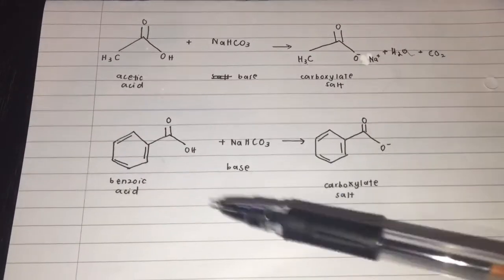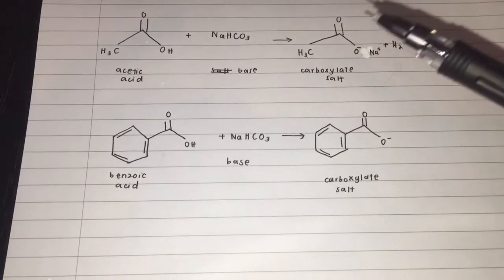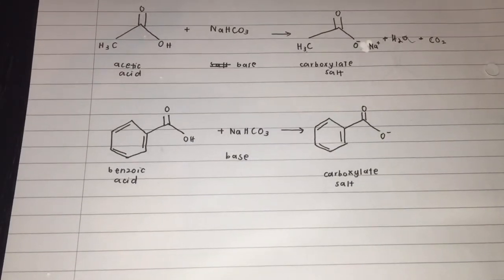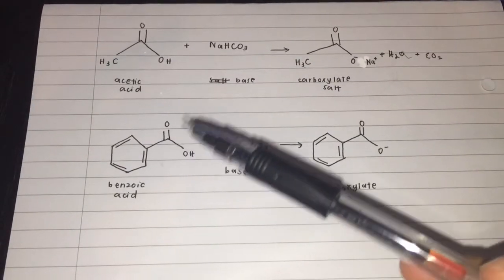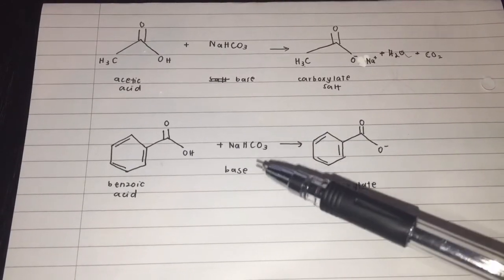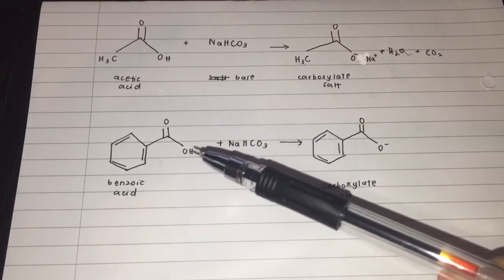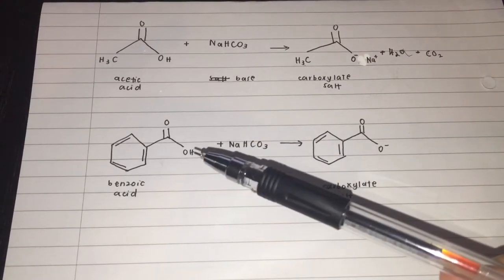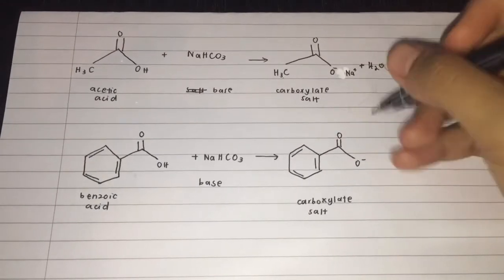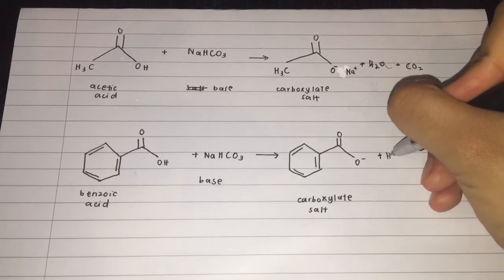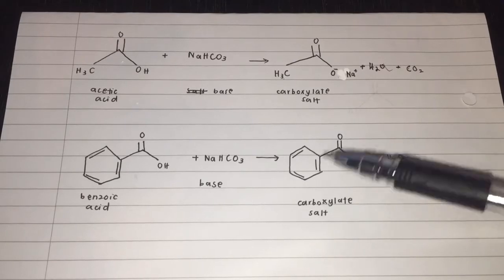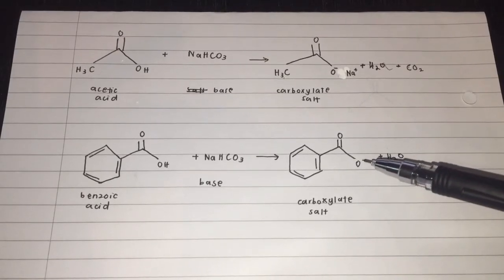The next acid is benzoic acid. The benzoic acid has a structure like this. It's the same as acetic acid. When benzoic acid reacts with base, the H+ from the acid will be donated to the OH negative from the base, so it's going to produce H2O also, and leave this negative charge over here.